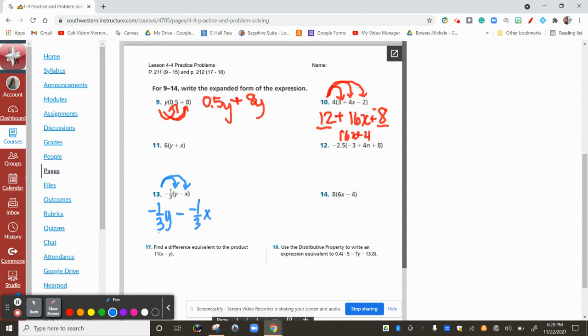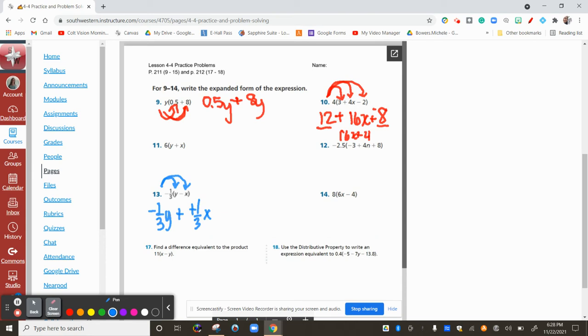So now I'm subtracting a negative 1/3. When I see these double signs, I need to then keep, change. So really it's negative 1/3 y plus 1/3 x, because subtracting a negative is adding.